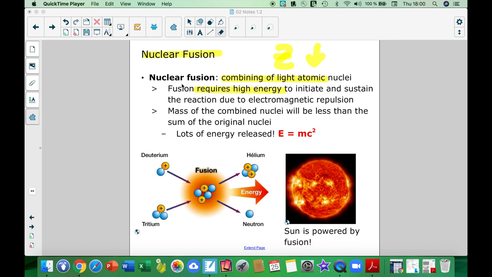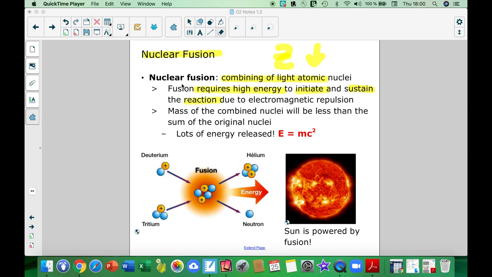It's still in the process of being commercialized. The energy that is required is very high because it needs to initiate and also sustain the reaction.